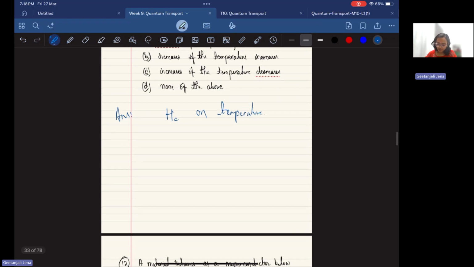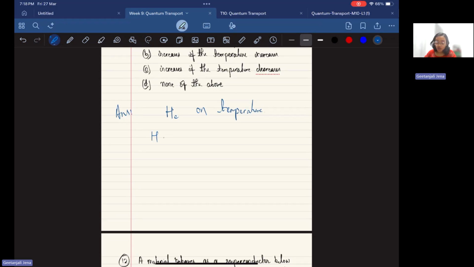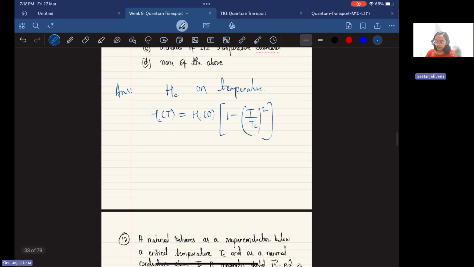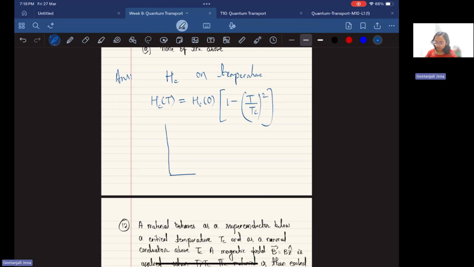So if you recall, if you want to find out a critical magnetic field at any temperature, let's say T, this is given by critical magnetic field at 0 Kelvin times (1 minus T by Tc) whole square. And if you want to plot it, so this is Hc versus temperature T, then we see a variation like this.